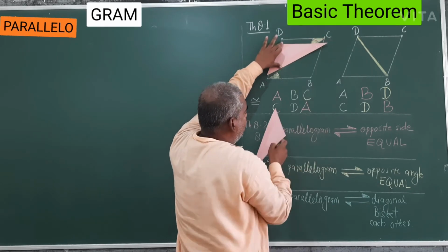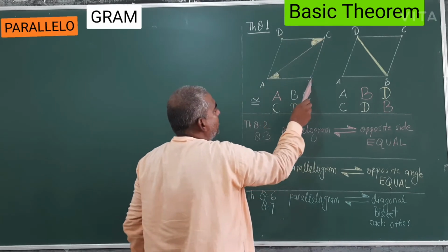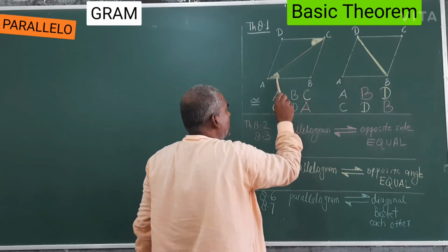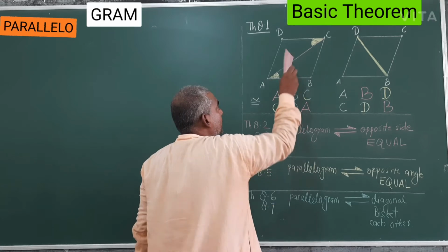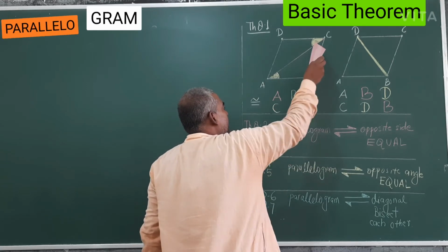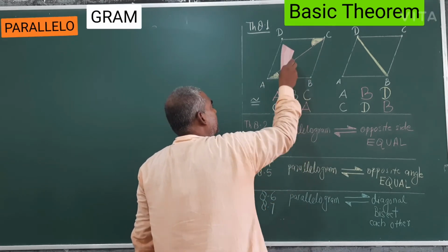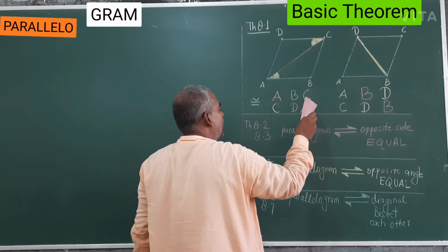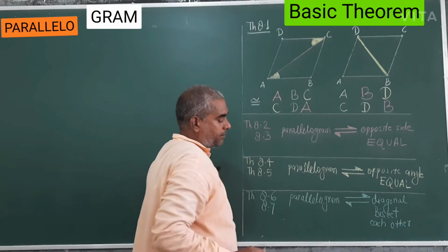Yes. So that's why it is written here A, B, C. So angle A is equal to angle C, and D and B are equal, and this C is equal to A.